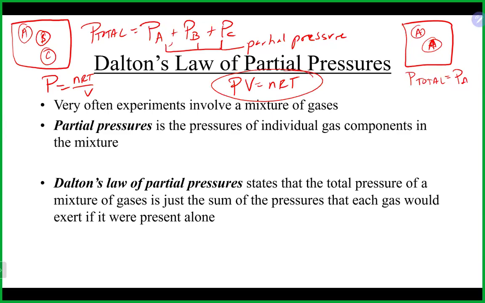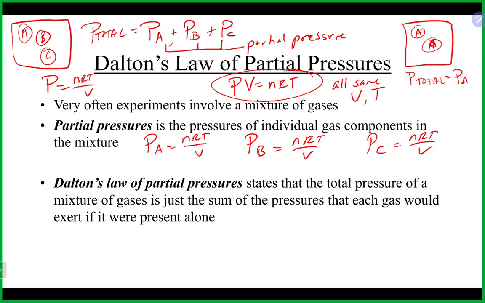Now, a couple of things are really good when you're trying to do this. Because they're all in the same container, they will all have the same volume. And because that container is in the same room on the same bench, they will all have really the same temperature. So if you use the ideal gas law for gas A, gas B, and gas C in my example here, the temperatures and volumes in each of those calculations will be exactly the same because they're all in the same container.